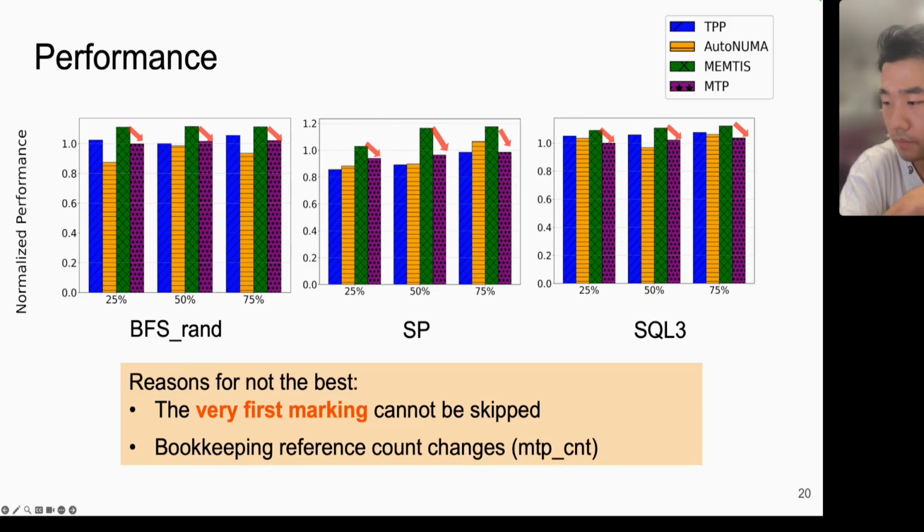The second part comes from additional CPU overhead in the critical path when incrementing or decrementing the reference count, because we maintain an MTP count separate from the original reference counting. Note that in this project, we do not make any changes to the existing CPython GC.